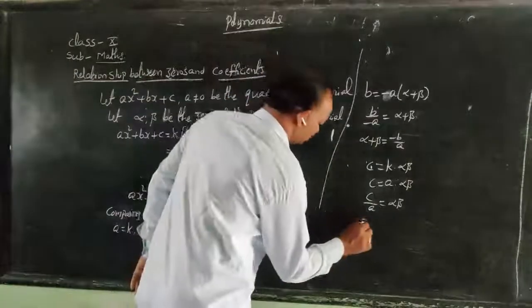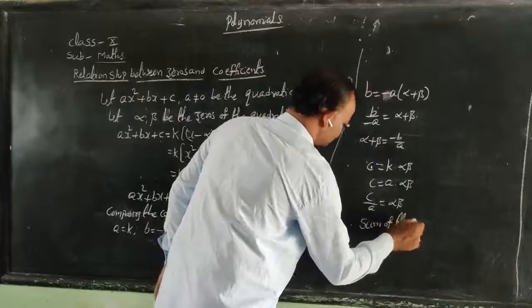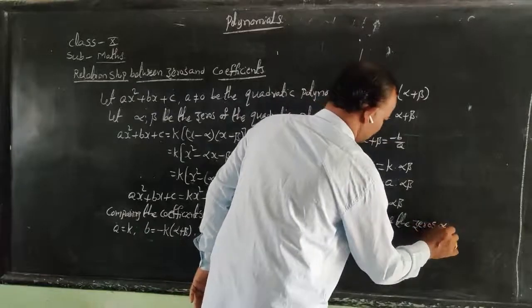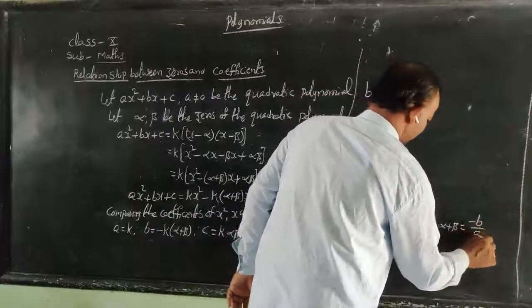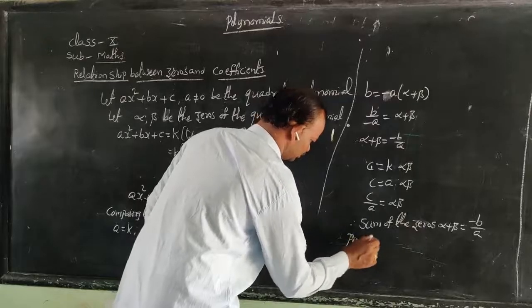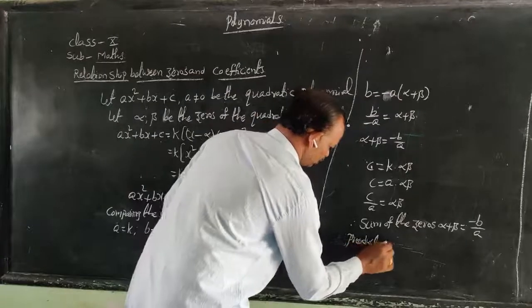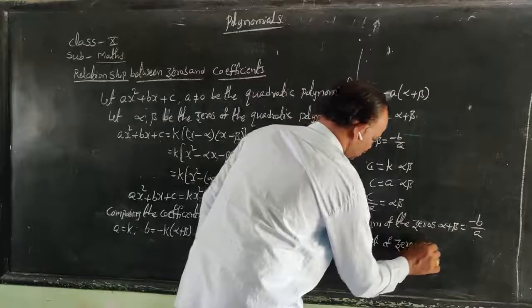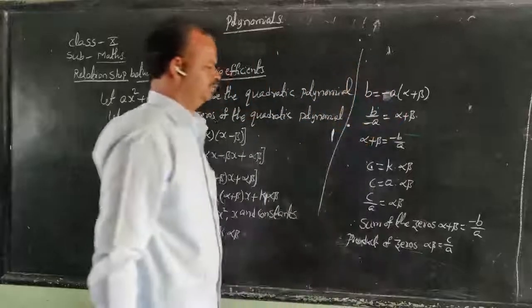Therefore, the sum of the zeros, alpha plus beta, is equal to minus b by a. The product of the zeros, alpha beta, is equal to c by a.